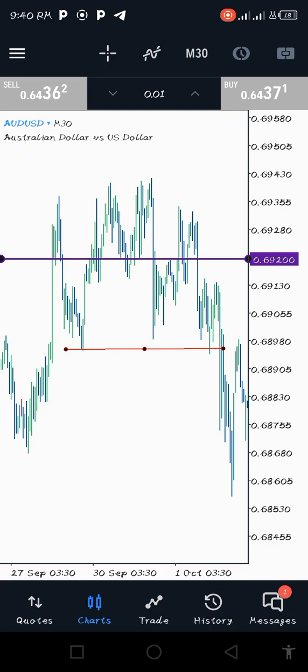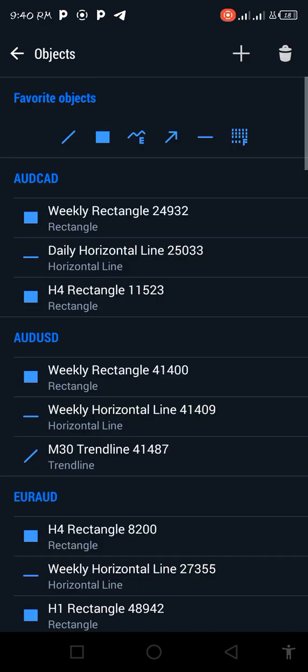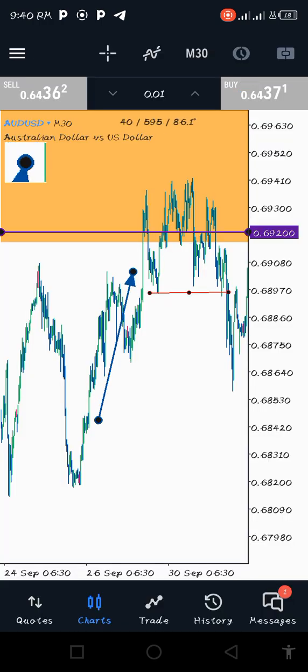Right here. Price was moving up and encountered our major zone. So this is the first encounter of price with our major zone. If we entered this trade blindly, we could have been stopped right here.